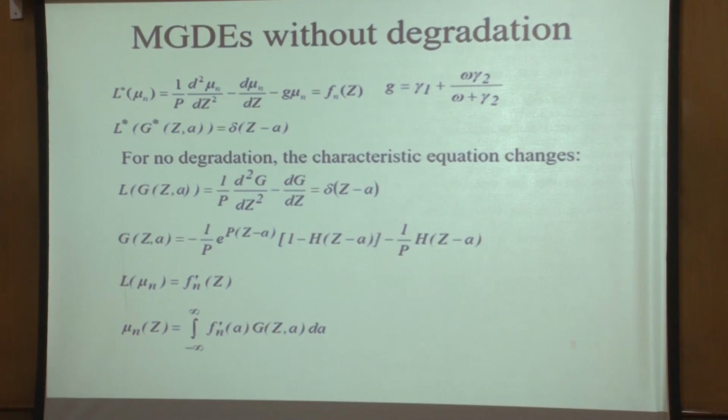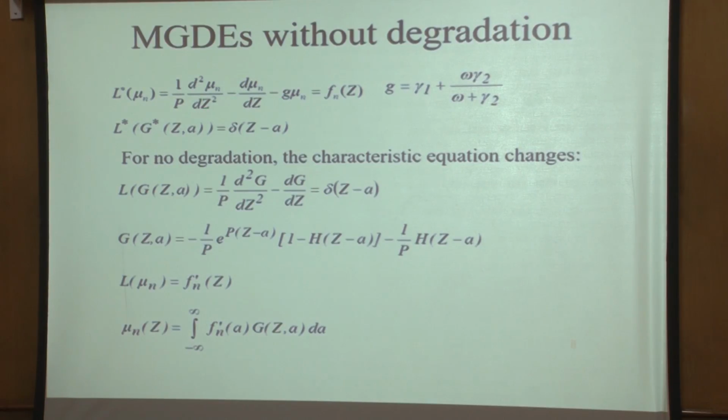So when we have an equation like this, notice that the g function over here had these degradation terms. If gamma 1 and gamma 2 are 0, if there is no degradation, g will essentially disappear, in which case the characteristic roots of this differential equation will change.